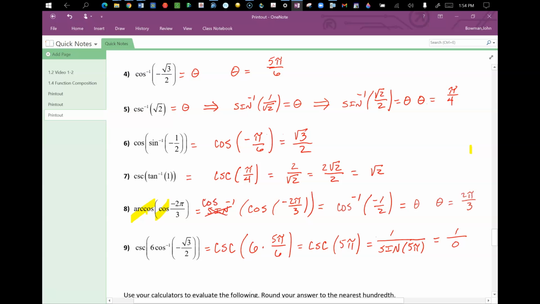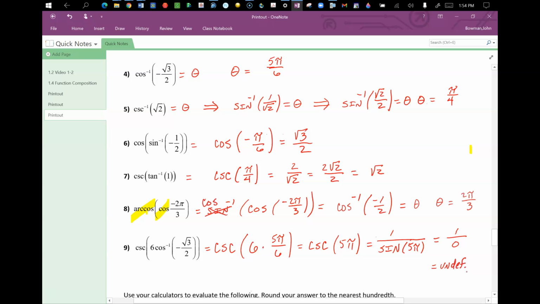So then we're going to find the cosecant of 5 pi. 5 pi is coterminal with pi, so it's on the negative x-axis. And the cosecant is the reciprocal of the sine. So I think of this as 1 over the sine of 5 pi, but any point on the x-axis is going to have a sine of 0, so 1 over 0, which is undefined.